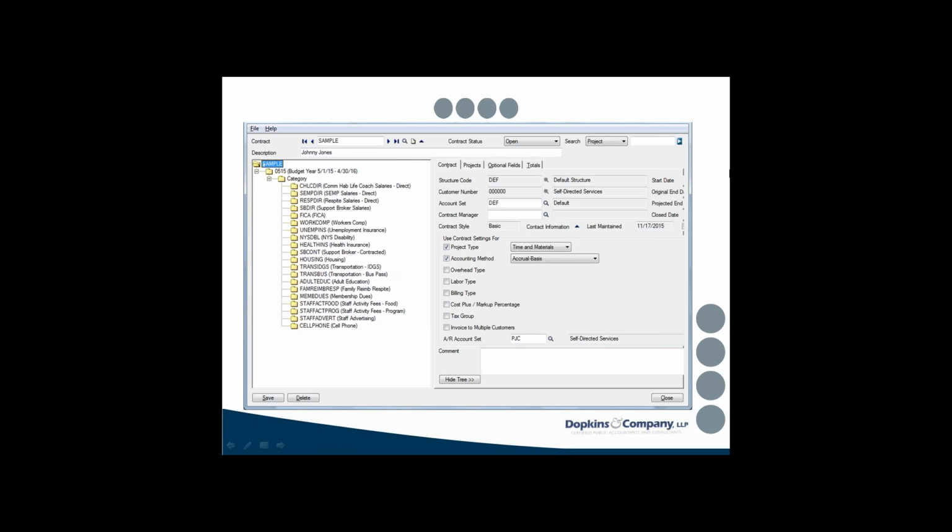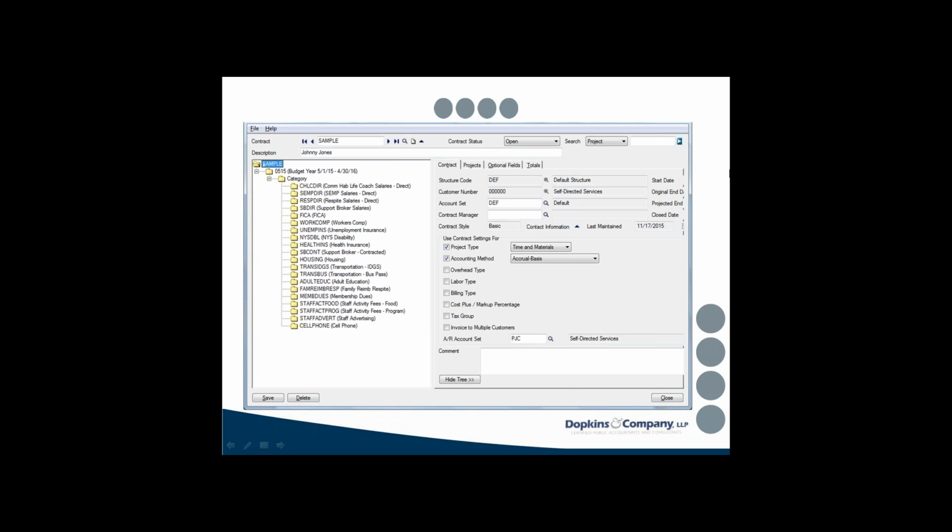So, for example, I've got FICA, workers' comp, unemployment insurance, New York State disability, health. These are all fringe benefits of individuals that work in our agency that are providing services to Johnny Jones. So it's a cost. Providing a service to Johnny Jones is to pay the fringe benefits of the people who provide the service.